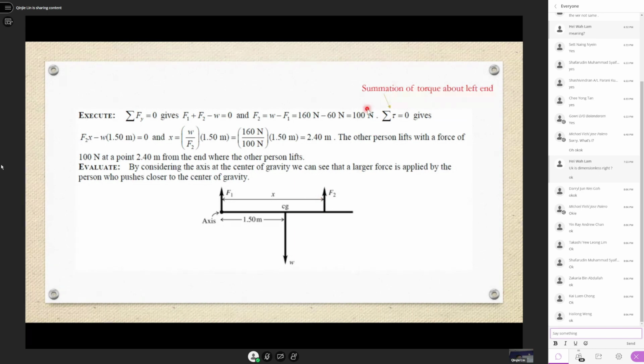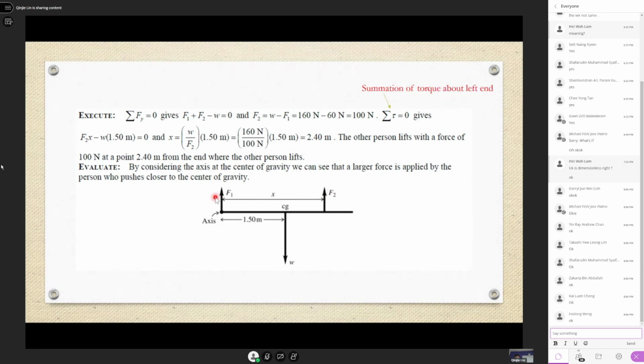Just that now you don't know where it is. Okay, but to find out where it is, you continue. You take summation of torque, in this case, about the left-hand end. You ask yourself what kind of torque is involved. So what forces are there? Of course, you have this F2.